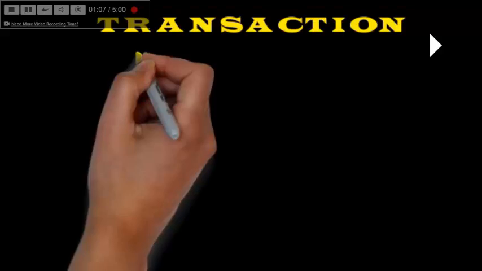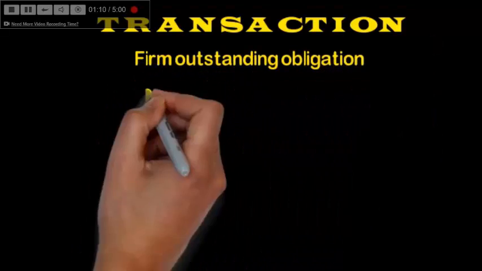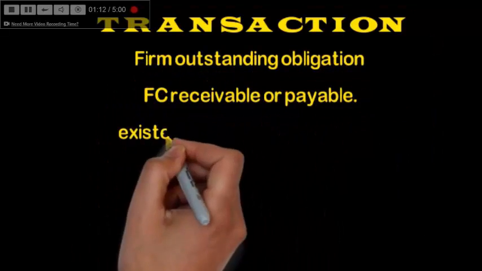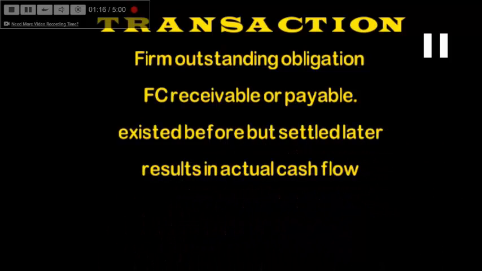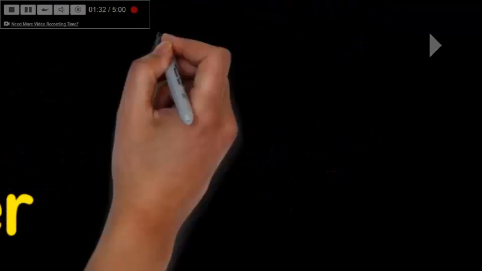As the name suggests, it involves some transaction, some buying, selling, purchase, or sale. It is the firm's outstanding obligation, that is, a foreign currency receivable or payable, which already existed and is now to be settled.